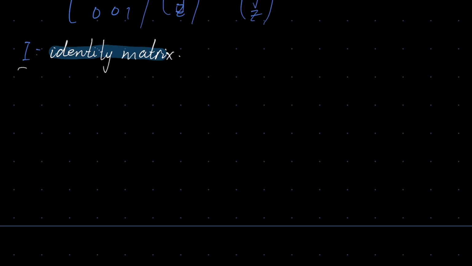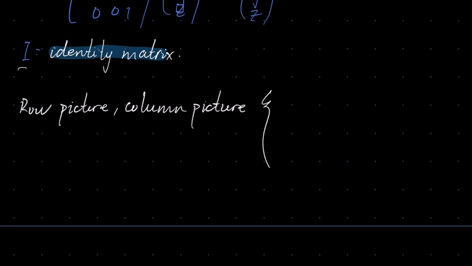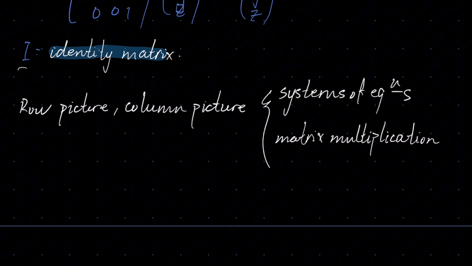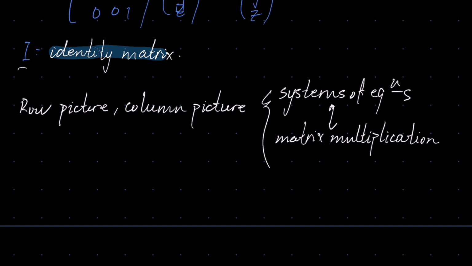So we learned about how we can use the row picture or the column picture to interpret systems of equations and matrix multiplication. And in fact, we also told how we can relate the system of equations to matrix multiplication.